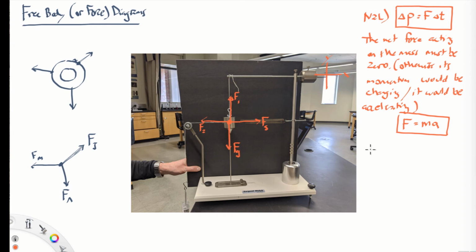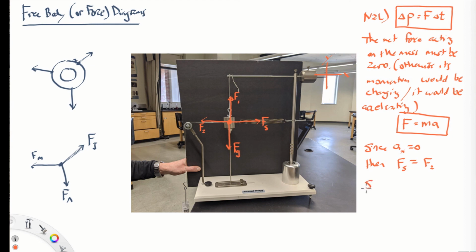Since the acceleration in the x direction equals zero, the spring force must be exactly equal to force 2. Otherwise, there would be a net, or unbalanced, force in the x direction. So we're using Newton's second law to deduce that the spring force must be equal to the string force, force 2.